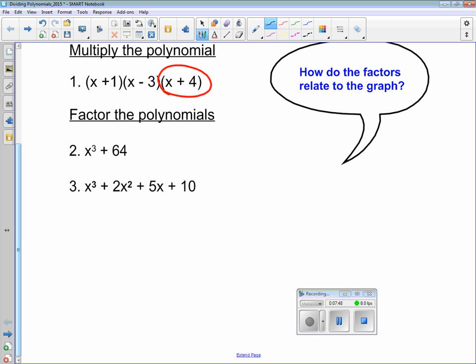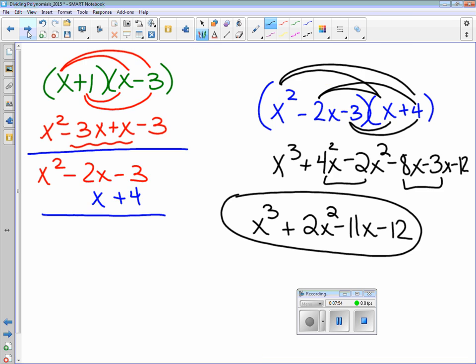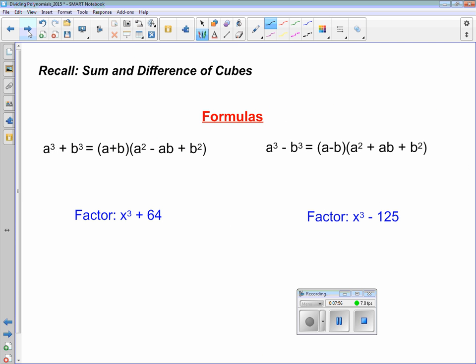So let's see if we remember the pattern. And this is something you have to memorize, okay? Here is the pattern. If you don't have it written down, you need to. I'm going to turn the lights down so you guys can see it a little bit. We have to decide what our A is and what our B is, okay?